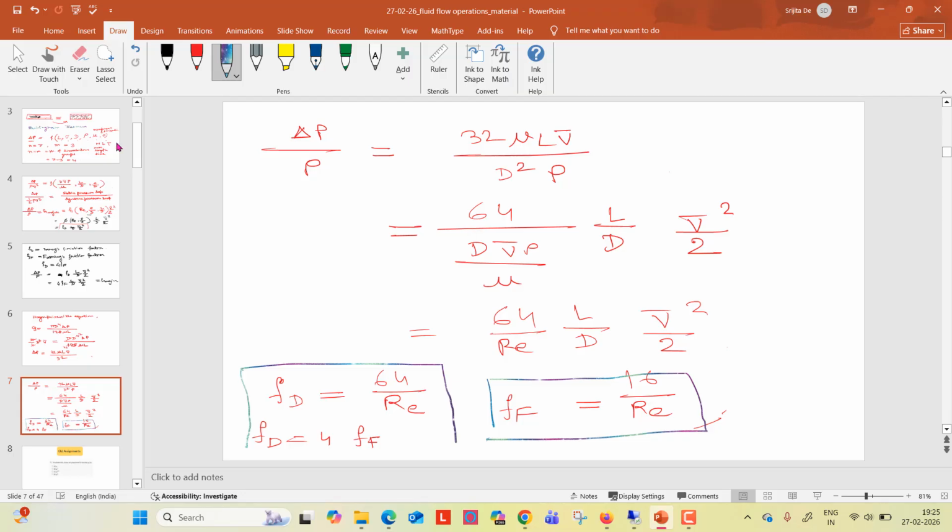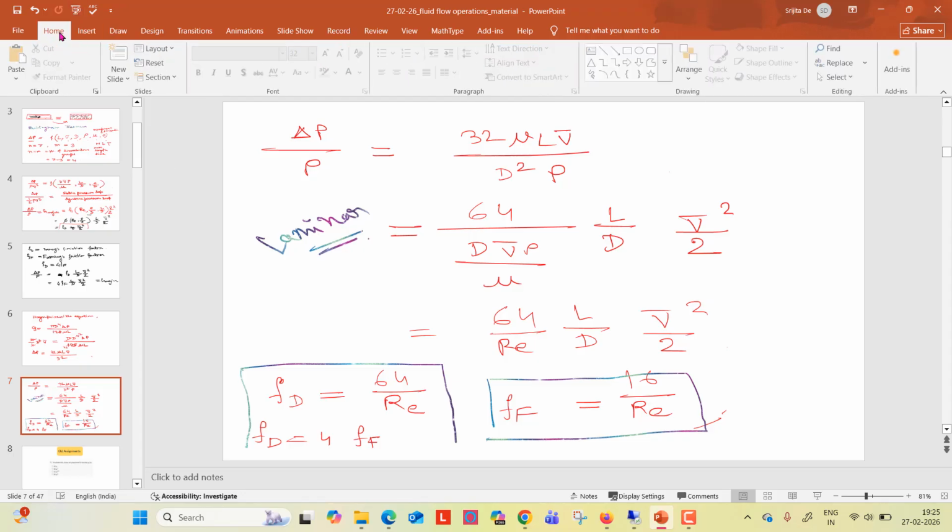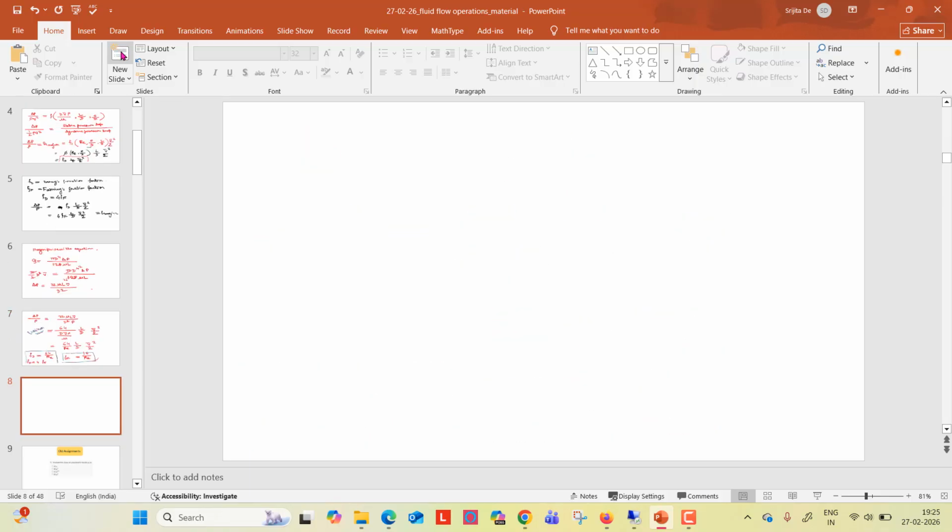This expression is defined for laminar flow, because the Hagen-Poiseuille equation is also defined for laminar flow. And for turbulent flow, there is a Moody's chart. For turbulent flow, we calculate these things from Moody's chart. So I'll show you the chart.